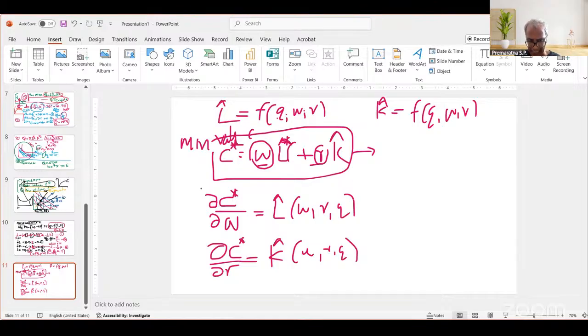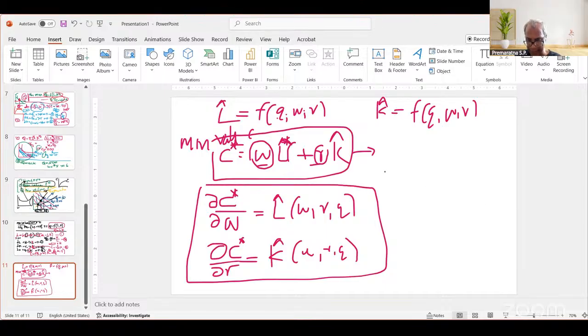This exercise is what we call Shepard's lemma.